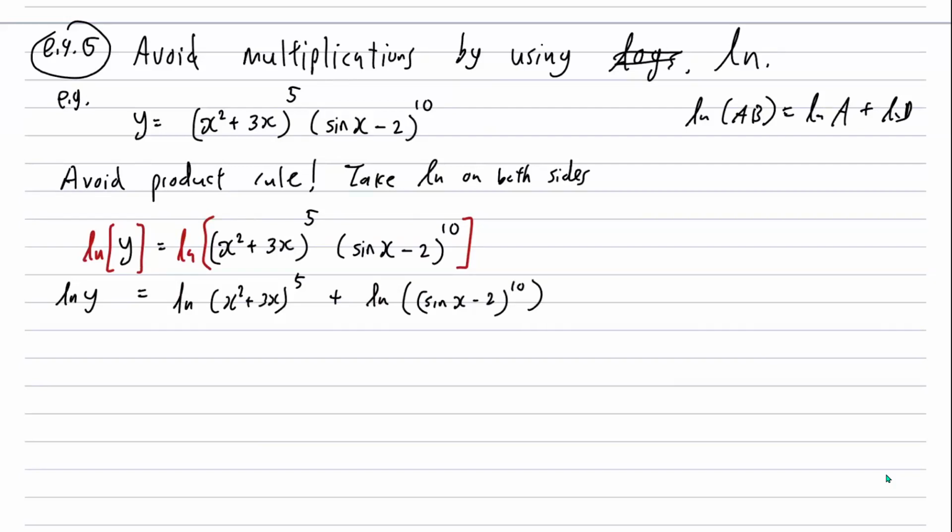Okay. Then what else can you do? Any other rules you remember from logarithms? ln x to the power 5. What happens to your power? Is it differentiate? Then 5 ln x and power 4?